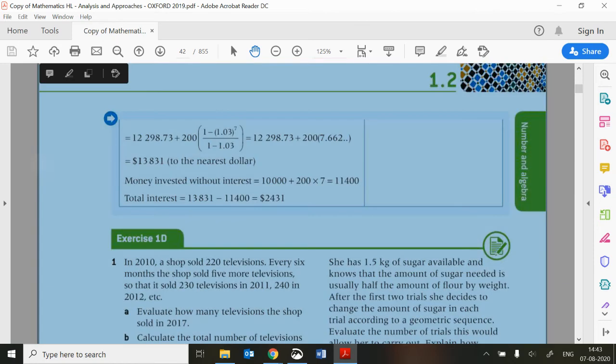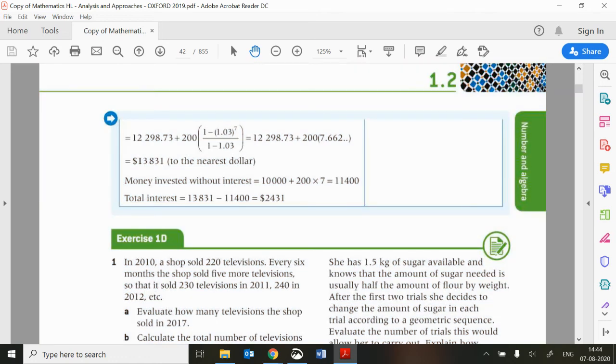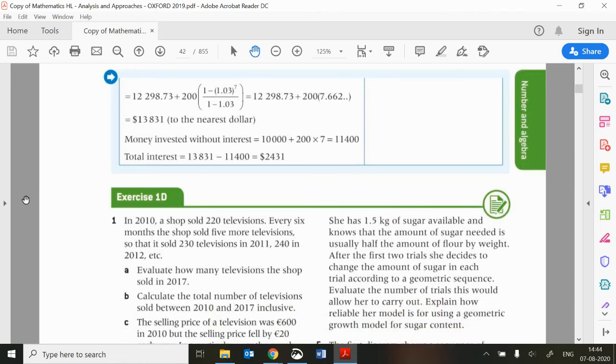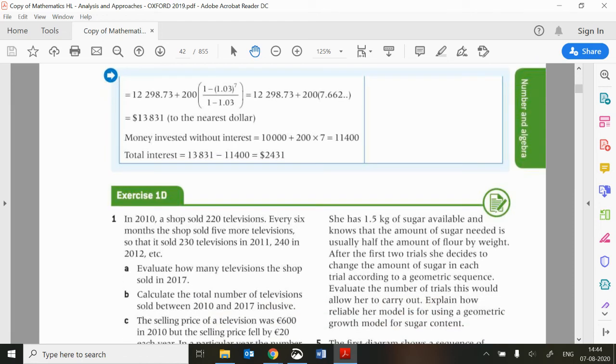And that gives us the total amount in the nearest dollar, and then they've taken off all of the amount that was put in the first place. So over that period of 7 years, the amount of interest which has been gained, the total extra, is $2,431.